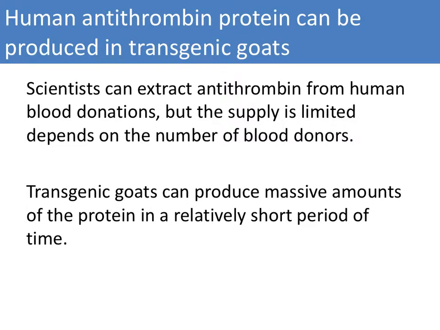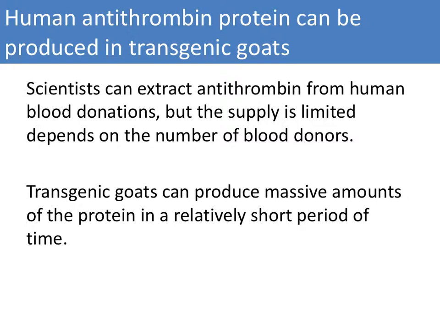And in the past, the only antithrombin we got was from blood donations. But it turns out goats produce a massive amount of the protein if you put that gene in a transgenic goat.